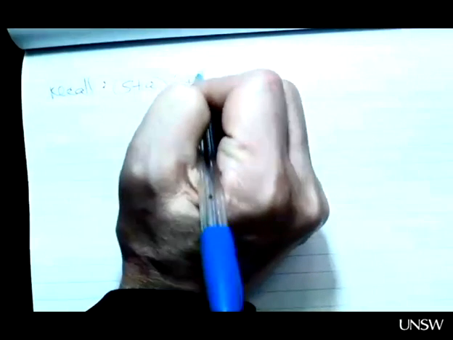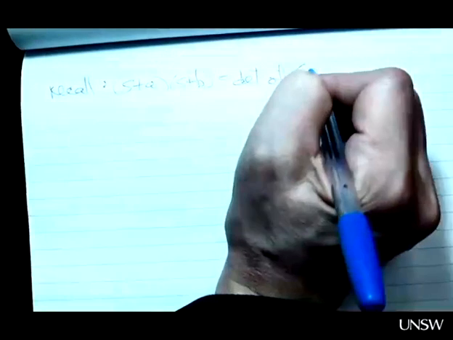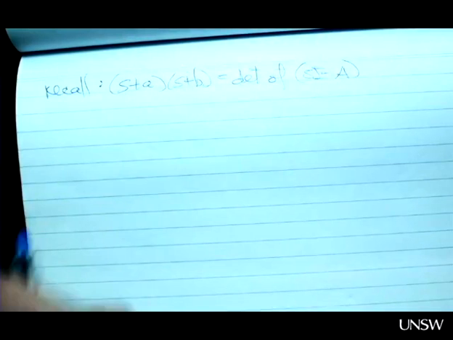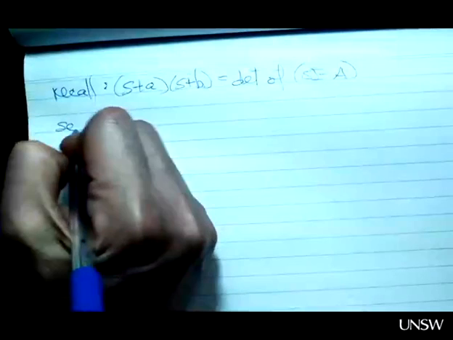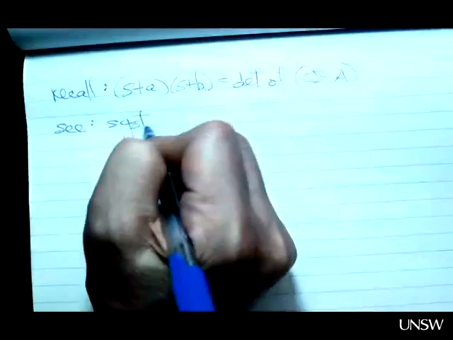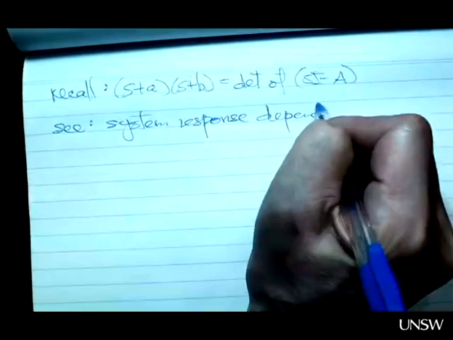We recall that s plus a, s plus b equals the determinant of sI minus A. And then we see that the system response depends on A and B.